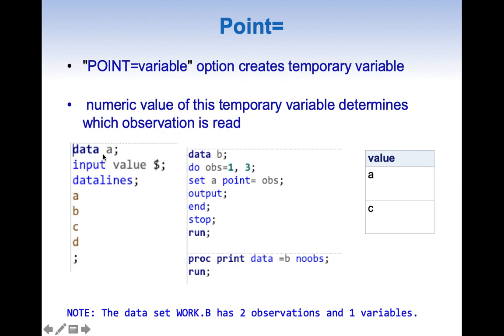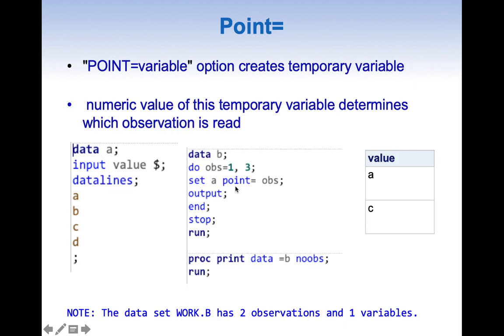Here we have a data set which has four records. If I want to read just the first and third records, I can do it through the POINT= temporary variable option. This is how we can do it.